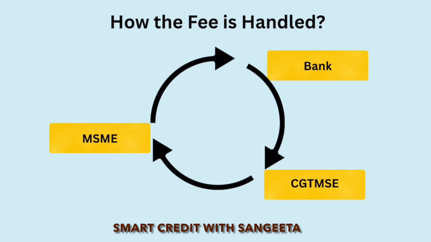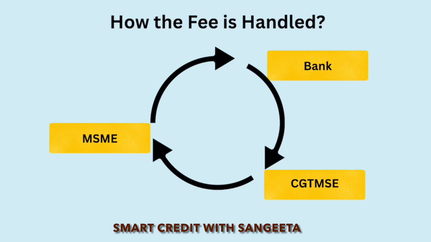Clear? Now to claim the refund in case of pre-closure, it is mandatory to mark closure. I already told you. Any pre-closure marked or refund request after 3 months from the date of receipt of fee by CGTMSE will not be considered. Suppose you close your loan in July and your fee was debited in March, you cannot claim a refund.